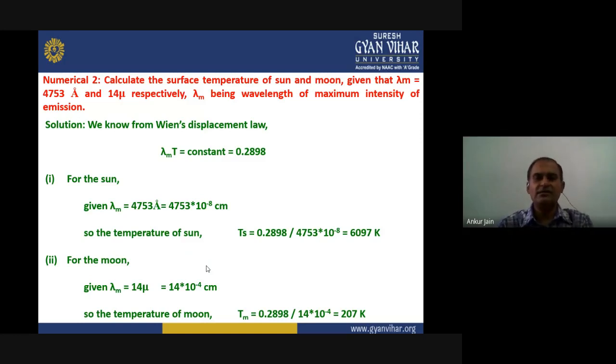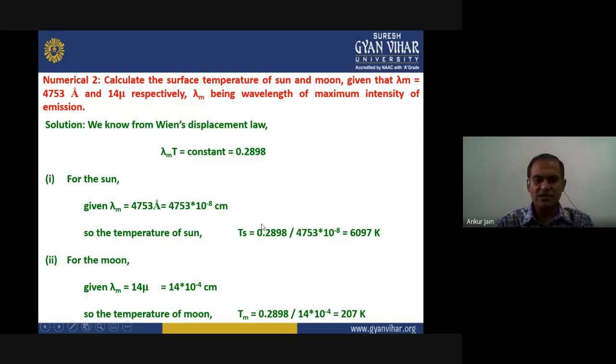So for the sun, the lambda m is given as 4753 angstrom. Let us change it into centimeter, that is 4753 into 10 to the power minus 8 centimeter. The temperature can be calculated from lambda m into T equals this constant. So T equals 0.2898 divided by 4753 into 10 to the power minus 8 centimeter, right?